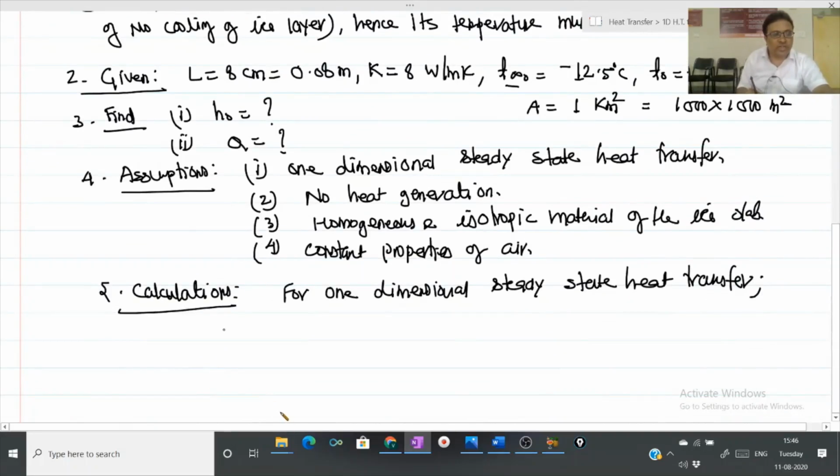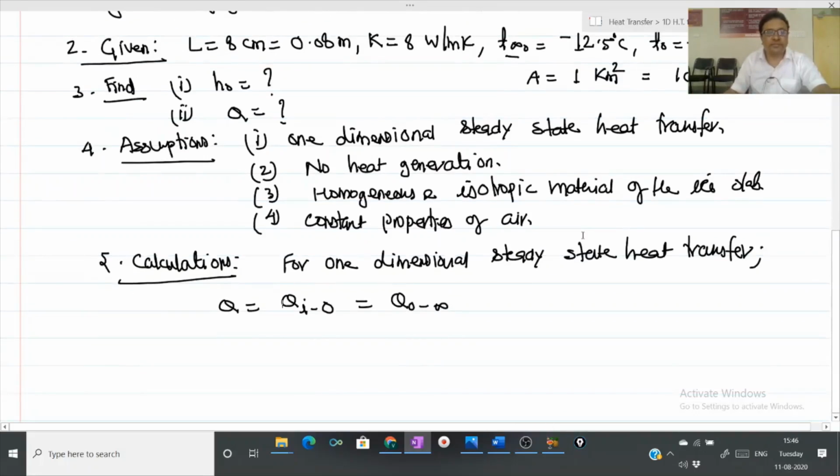So rate of heat transfer under such condition will be rate of heat transfer from bottom surface to the upper surface of the ice, and from upper surface of the ice to ambient air. This will be by conduction, this will be by convection.